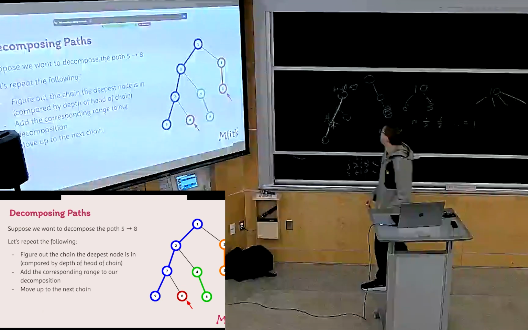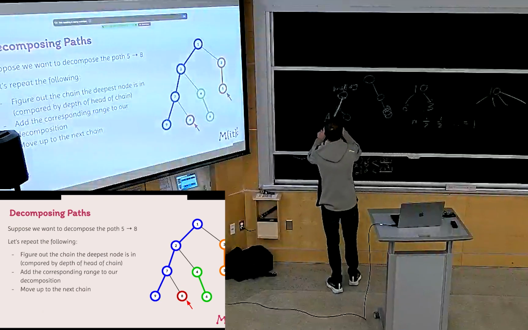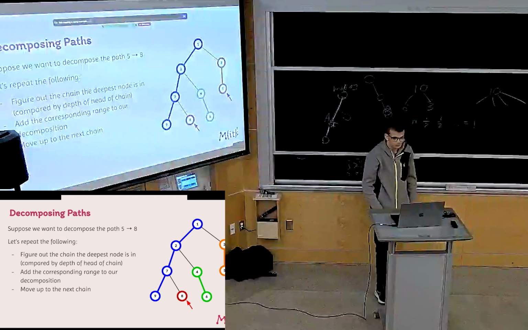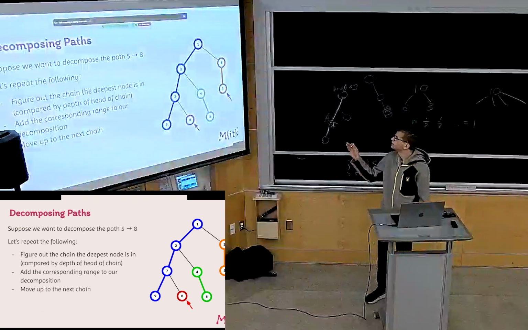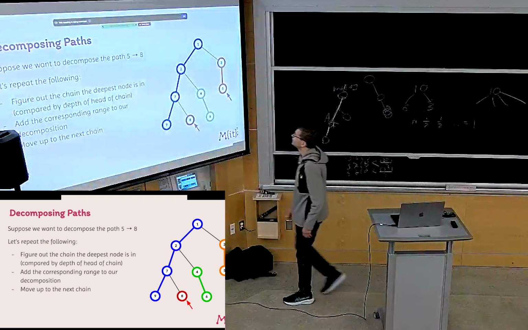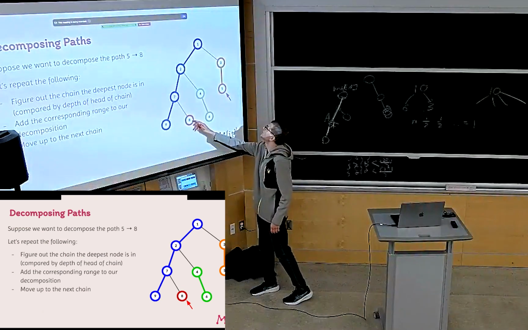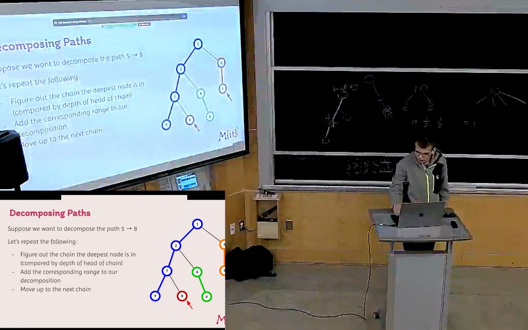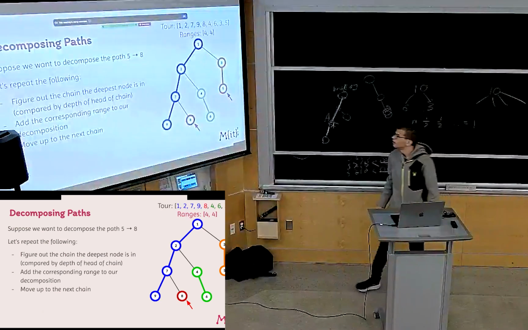Once we are done with that, we will just move A to the head of this chain and repeat our procedure. So for example, in our example, we notice that node 8 has a greater depth than node 3, which would be the head of the orange chain. So we process that.